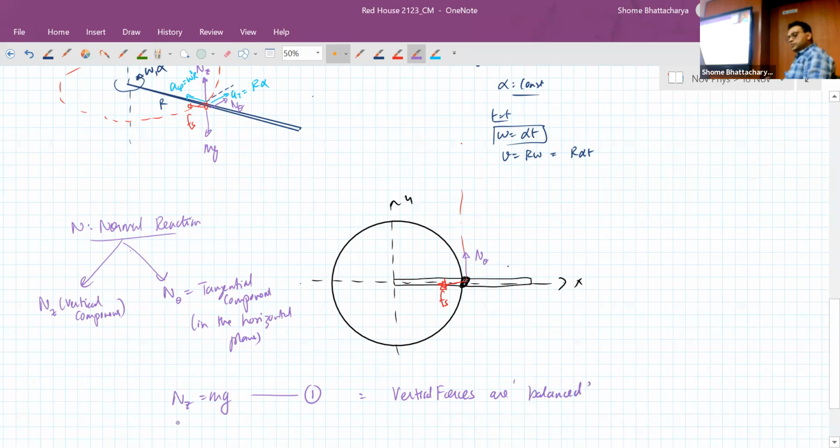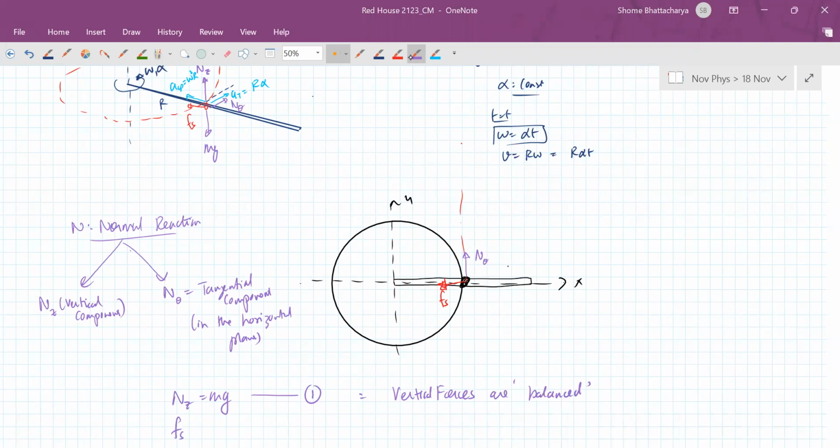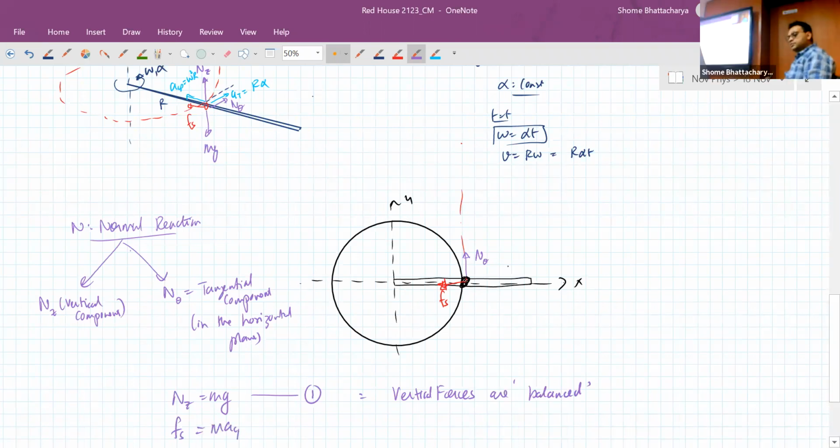Then we have static friction equal to mass into centripetal acceleration. So friction provides the centripetal force. There is no other agent to help provide the centripetal force.